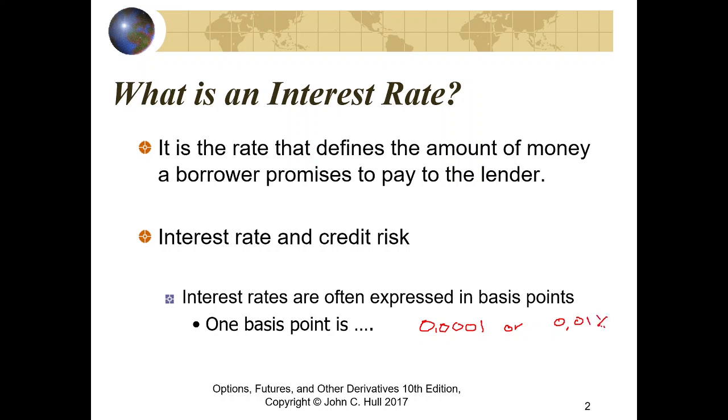So when you hear, for example, that the Fed has increased interest rates by 25 basis points, what does this mean? They increased interest rates by how much? So 25 basis points is basically 0.0025 or 0.25%.